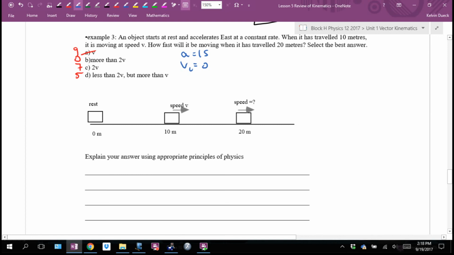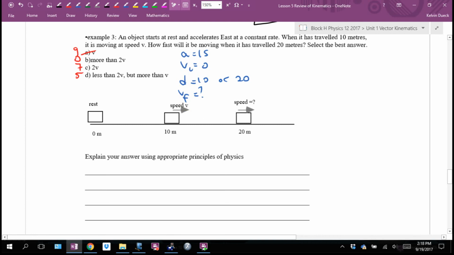We have 2 parts to this question. We're going to first of all use a D of 10 or 20, and we're interested in V final. What I really want you to realize is, is there an equation that I could tackle that has an A, a VI, a D, and a VF in it?